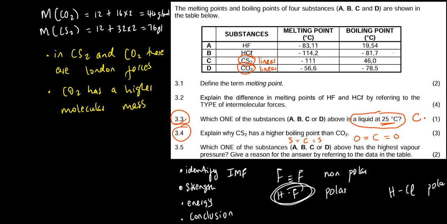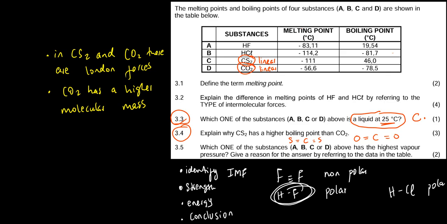Yeah, but the problem when you check that, if we use molecular mass, actually CO2 is going to have a lower molecular mass, which means CO2 was supposed to have a lower boiling point. In this case, it has a higher boiling point. So that tells us that we can't use molecular mass, but that is one of the things you can try. So if molecular mass is not working, you can go to the size of the atoms.